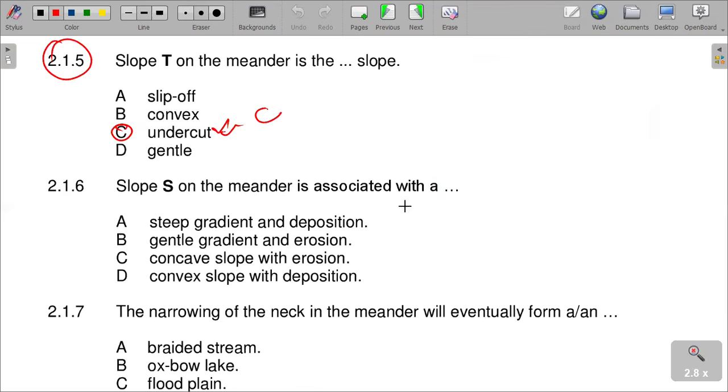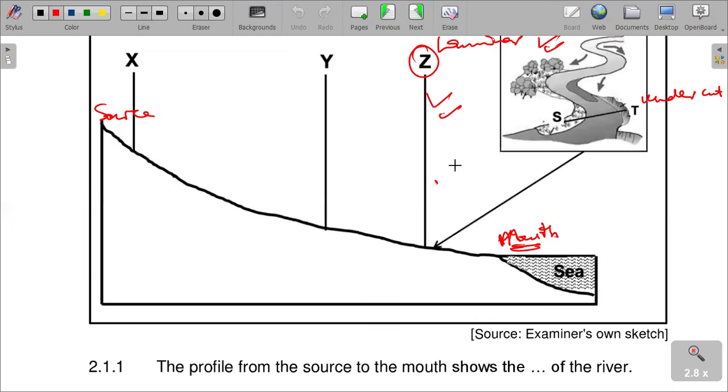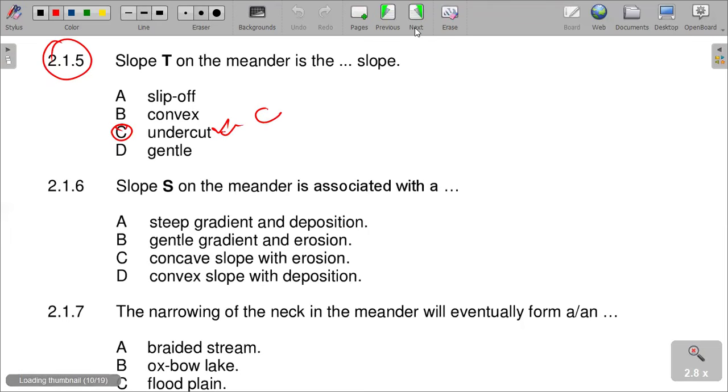Slope S is associated with the convex slope with deposition. Deposition always takes place there, so the correct answer is convex slope with deposition, which is letter D.